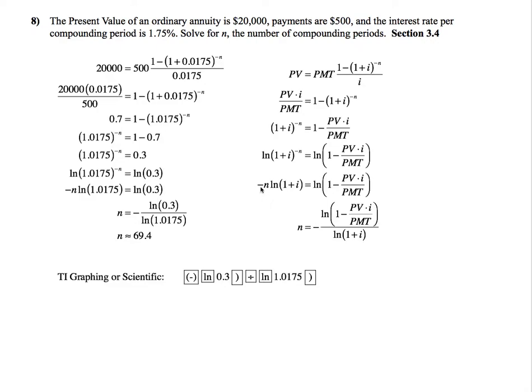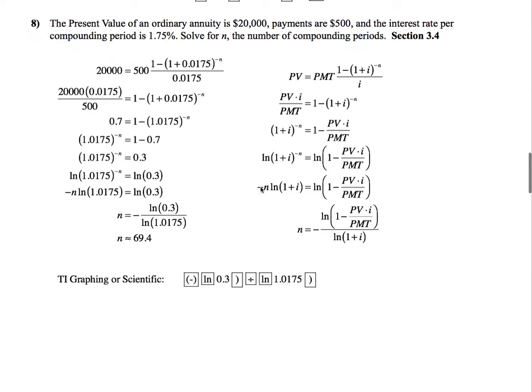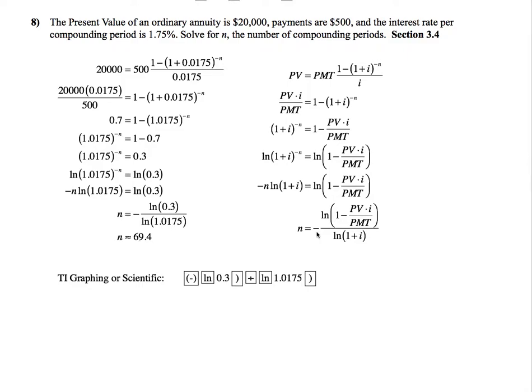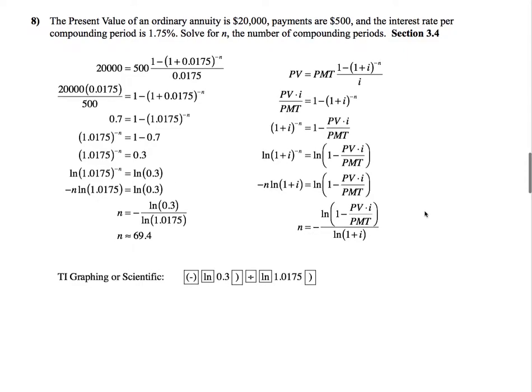And then, because this is negative, we multiply both sides by -1, or divide both sides by -1, however you want to look at it, and that puts the negative on this side of the equation.